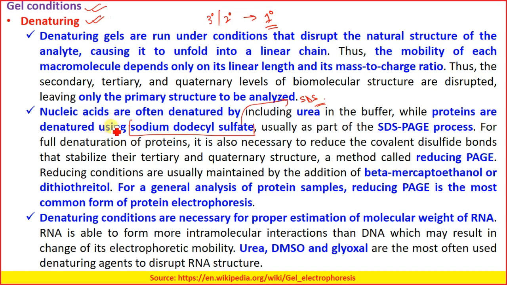Similarly to proteins, nucleic acids can also be denatured, and in this case the denaturing agent is urea. However, when we are talking about SDS, we have SDS page. That means this detergent is added to the polyacrylamide gel. This SDS coats the protein surface with negative charges and keeps it in a primary structure position.